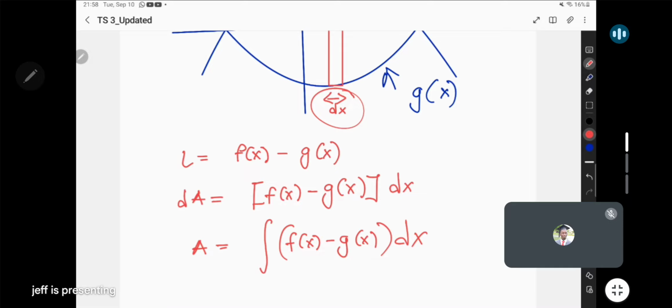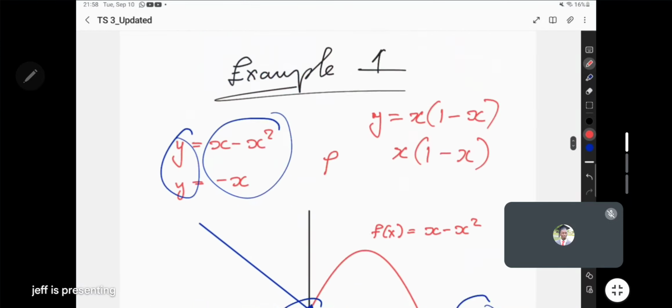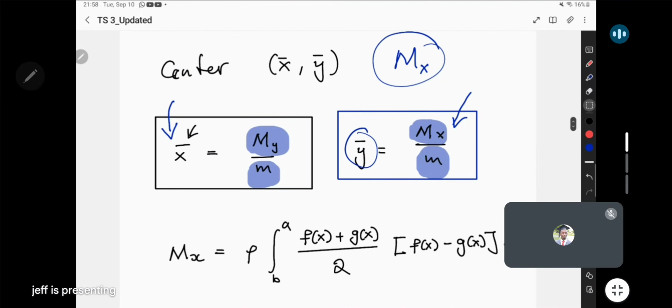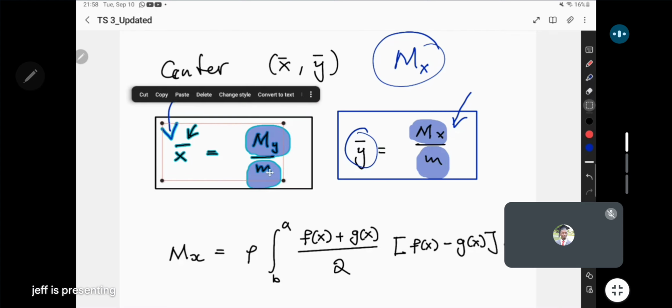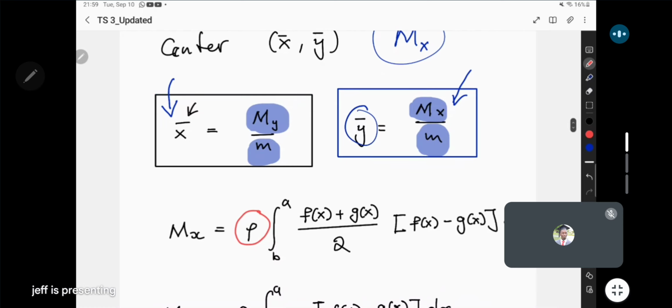So observe that even this formula we had here, we could have looked at it in terms of presenting M also in terms of density times area. But if we did density times area, notice that the density that would come from M, I'm going for this one, My, would be here.